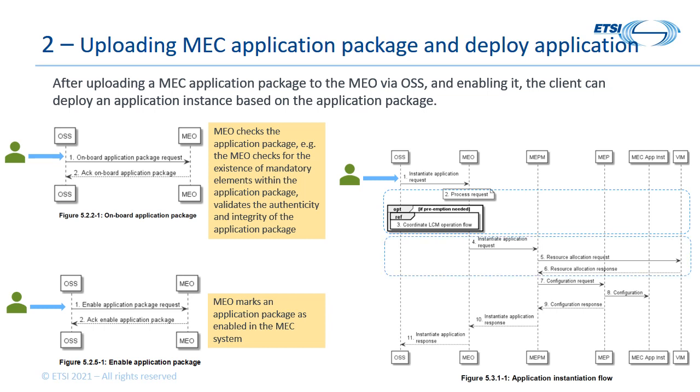When resources are sufficient, after allocating compute, storage, and network resources, the MEC system loads the application image and runs the application instance. If provided, the MEC system configures the traffic and DNS rules for the application instance accordingly.